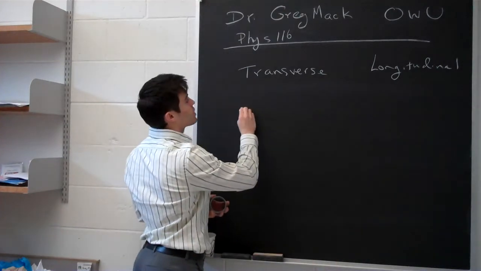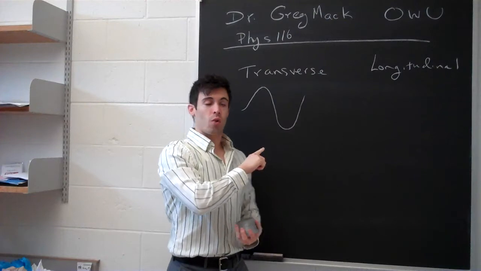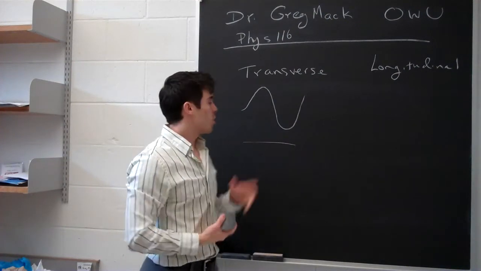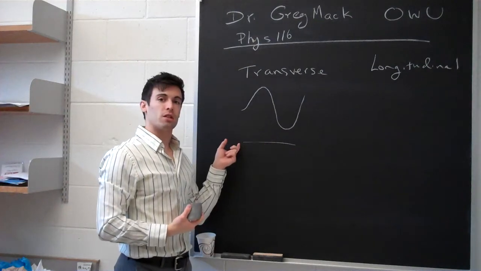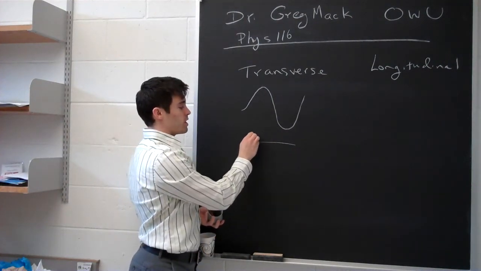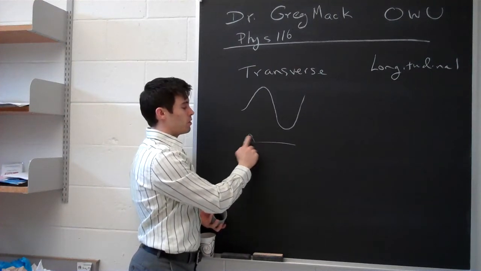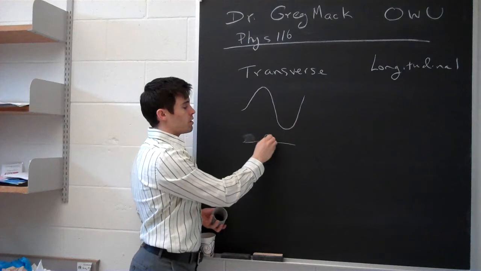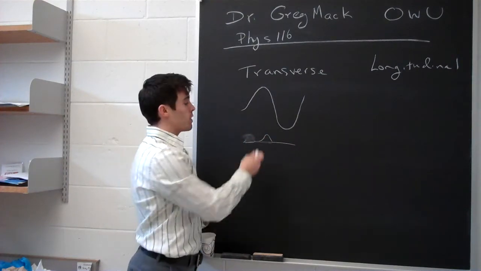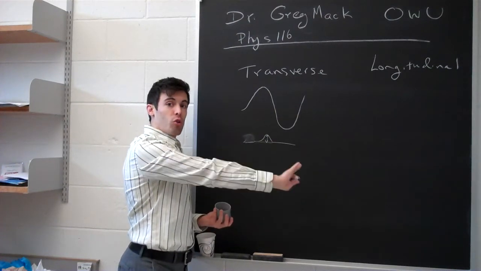So your typical transverse wave looks something like this, where if you had some string attached to the wall, it would just be some straight line. And then you disturb part of it, you give it some energy here, and this little bit will end up moving itself down the line. Okay? That would be the transverse wave. The displacement moves up and down, but the wave itself moves across.